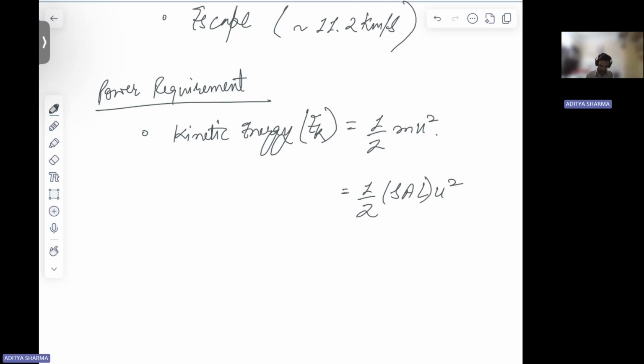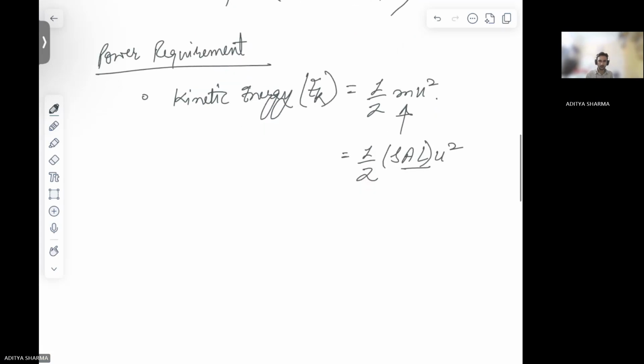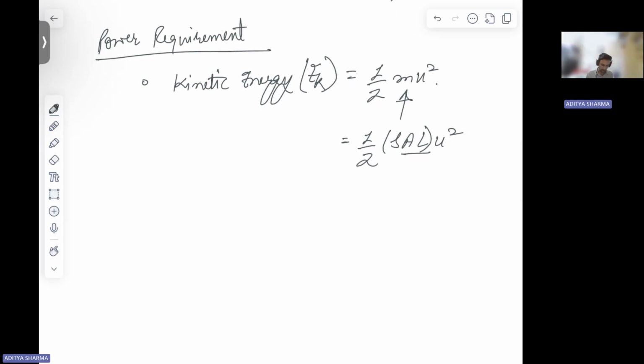So AL is your volume and rho is your density, right? Now time you can write down as this length divided by your velocity.